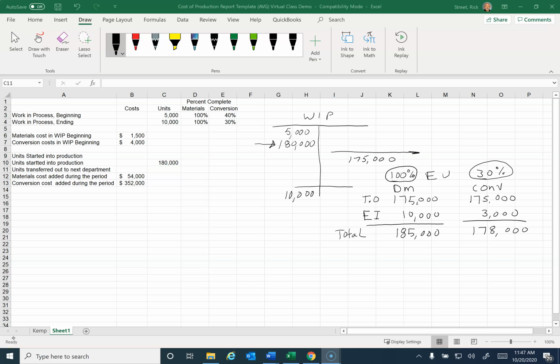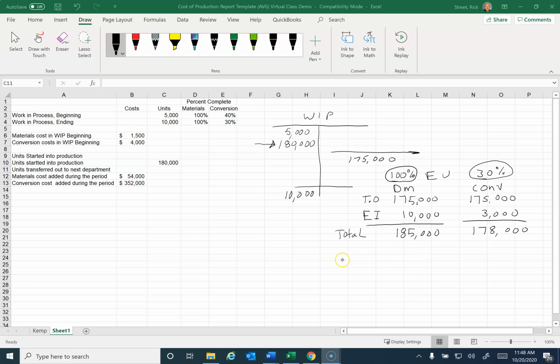Our next step is to apply costs and determine what our cost per equivalent unit is. So we learn right up front that we have $1,500 in our beginning inventory for materials, and I want to keep these lined up here.